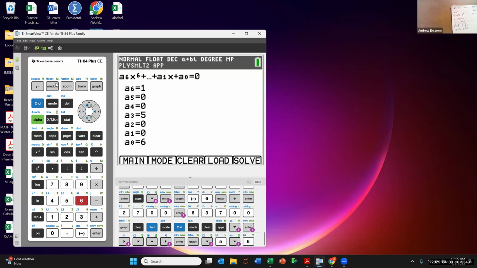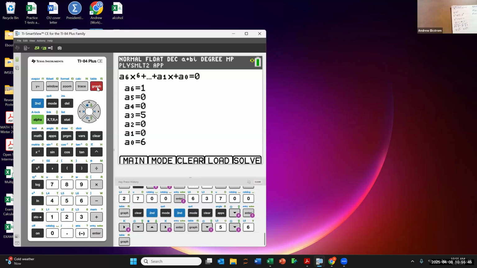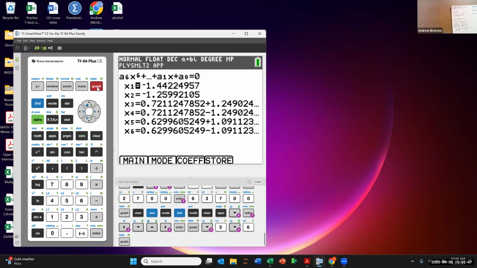Now again here, main corresponds to y equals, mode corresponds to window, clear corresponds to zoom, load corresponds to trace, solve corresponds to graph. And there are the answers. And it's clear as day that those are the answers, right?